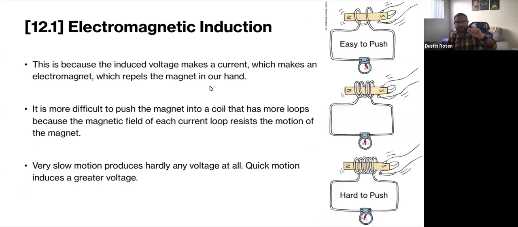That's because the induced voltage makes a current, which also makes an electromagnet, which repels the magnet in our hand. So not only do you have the magnet itself, you also get a counteracting magnet in the coils of wire.